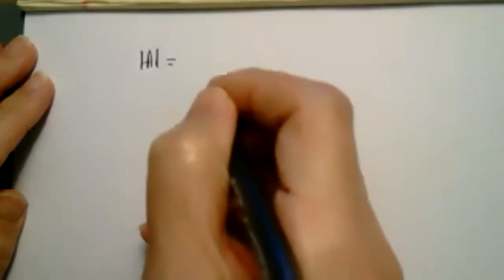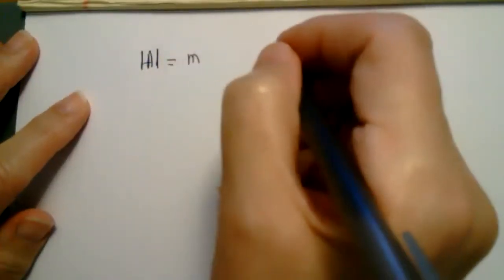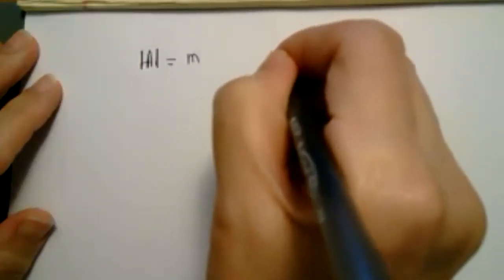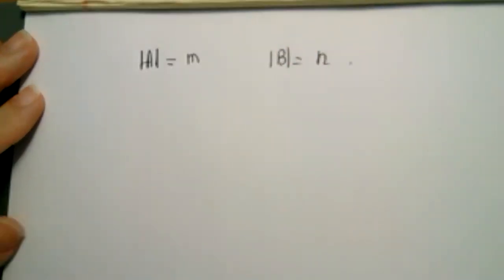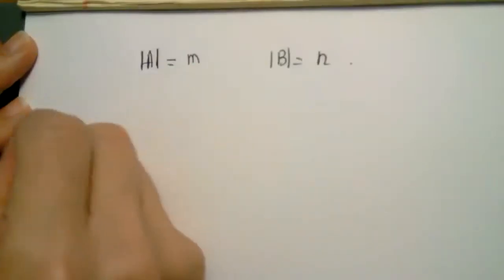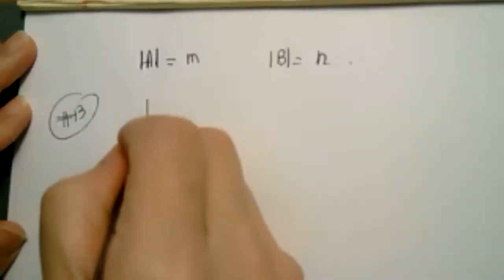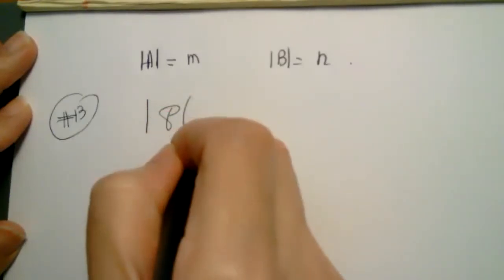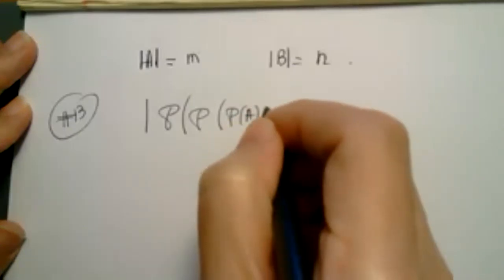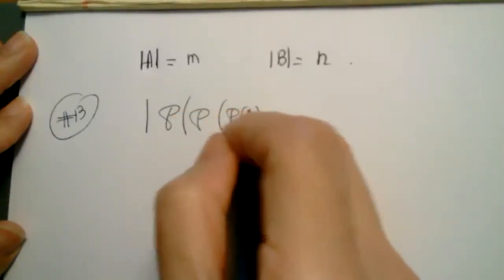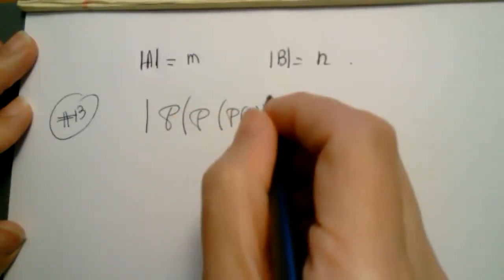We know that the cardinality of the set A is m, meaning A has m elements, and B has n elements. The question is to find the cardinality of the power set of the power set of A.